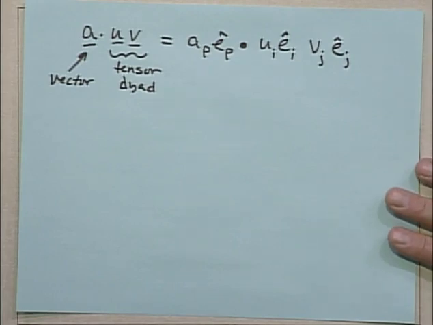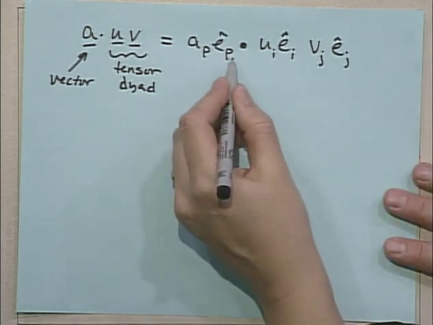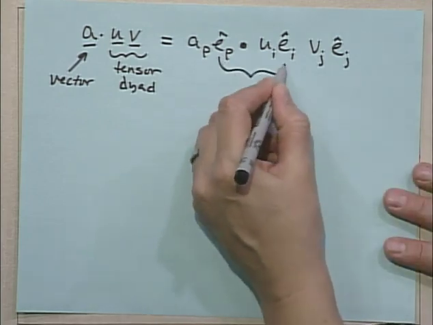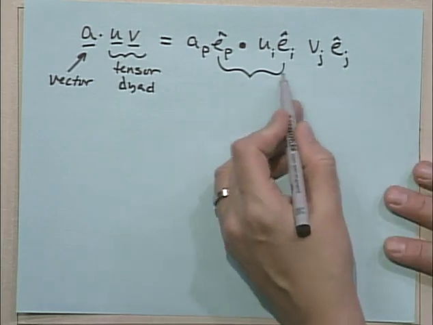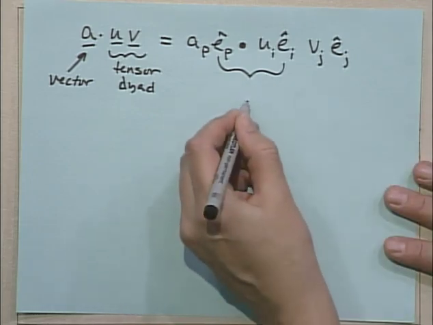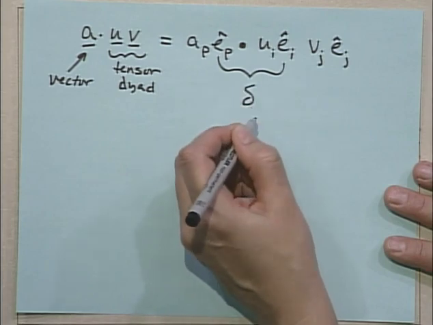So that's writing the expression in Einstein notation. And the only thing we can do to carry it out is to carry out the dot product. The dot product acts between the two neighboring unit vectors. It has no effect on anything that it's not right next to. So this is the dot product between E_P and E_I, and that's going to give the Kronecker delta.